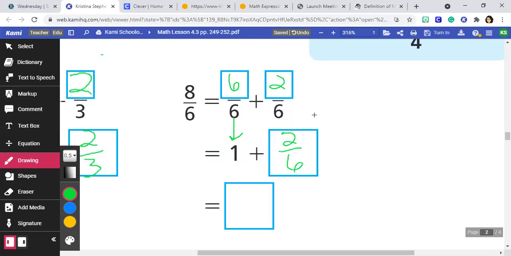And when we write this mixed number without the addition sign, it looks like this: 1 and 2/6. And of course, it's implied that they are being added. We just don't need to write it because we know now that this is what a mixed number is: a whole part and a fraction part.